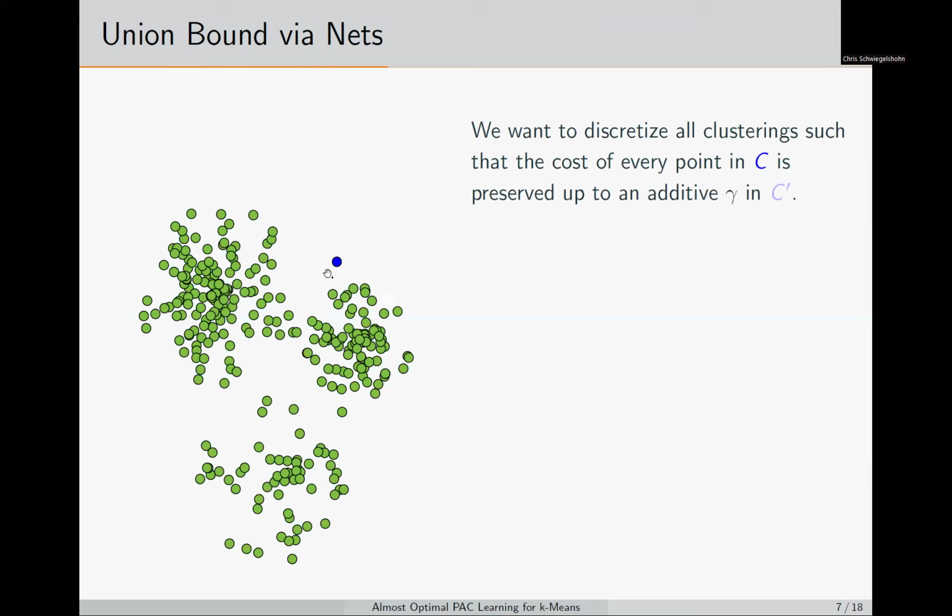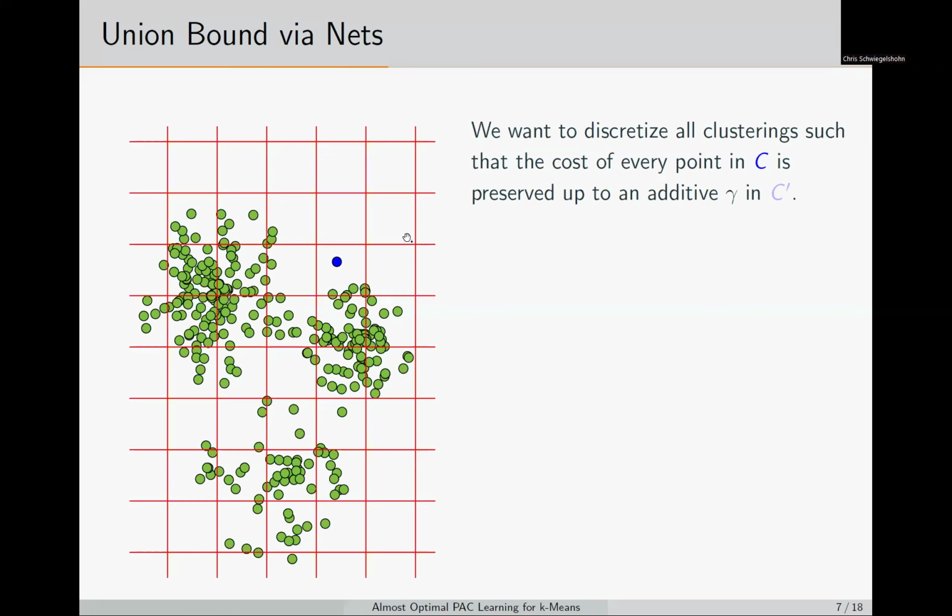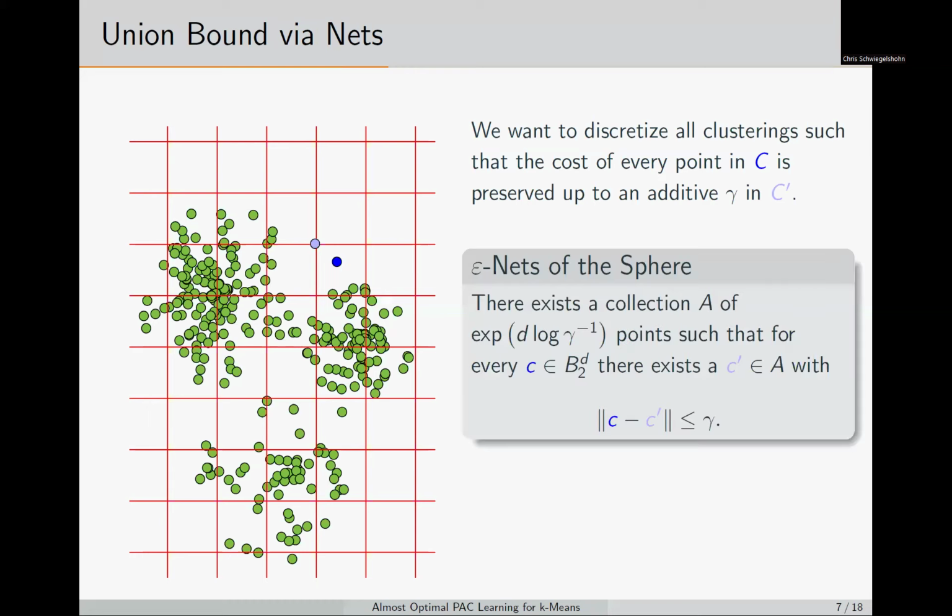If we're given such a candidate center indicated by this blue point right here, we can throw a grid or some form of discretization over the set of solutions that we want to consider, and snap this candidate solution to the closest point in the discretization. Specifically, the type of guarantee that we're after is that of an epsilon net of the unit Euclidean sphere. An epsilon net has the guarantee that for any candidate point, there exists a point in the epsilon net such that the Euclidean distance is at most gamma, and the size of such a net is exponential in d log gamma to the minus 1.